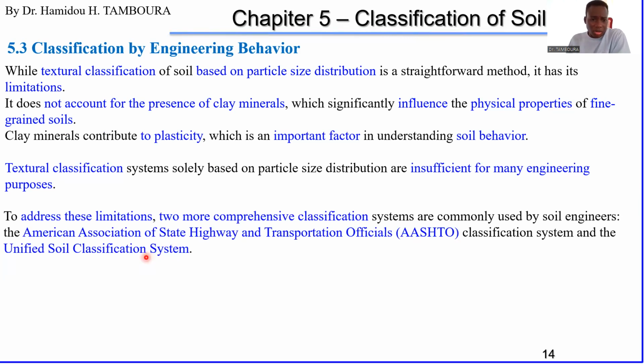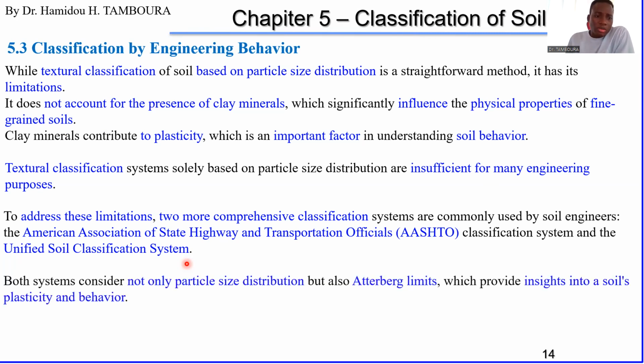Okay, mainly, this first one, as the name indicates, American Association, is mainly for Americans. And this is the universal, Unified Soil Classification. I think this one is used everywhere. If you go to other countries, you will see that they are maybe using a different classification system. Okay. So both systems consider not only the particle size distribution, but also the Atterberg limits, and they give very important information on soil plasticity and soil behavior.